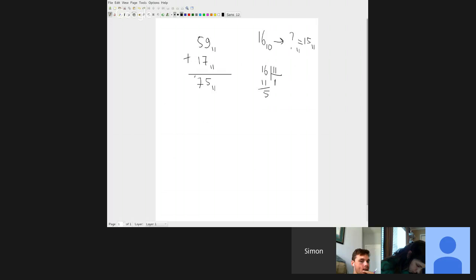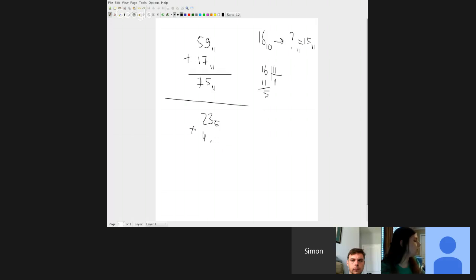If you need to multiply numbers in an arbitrary number system, you do pretty much the same. So 23 base 5, let us multiply it by, I don't know, 42 base 5. Okay, 2 times 3. 2 times 3 is decimal 6.